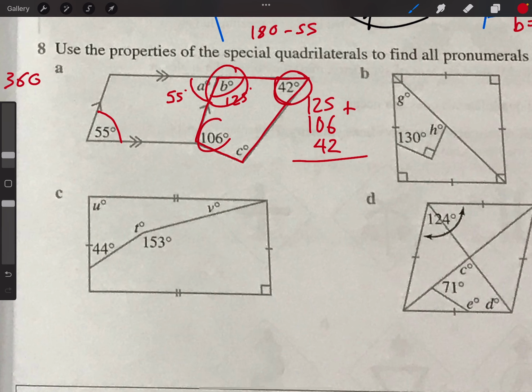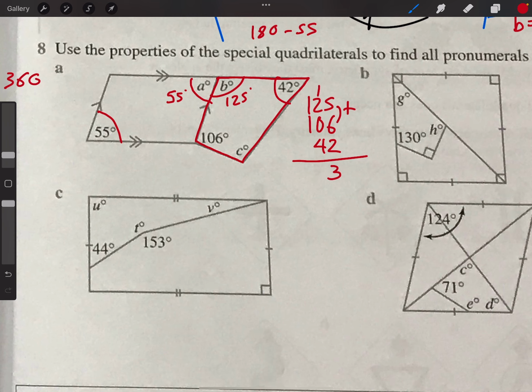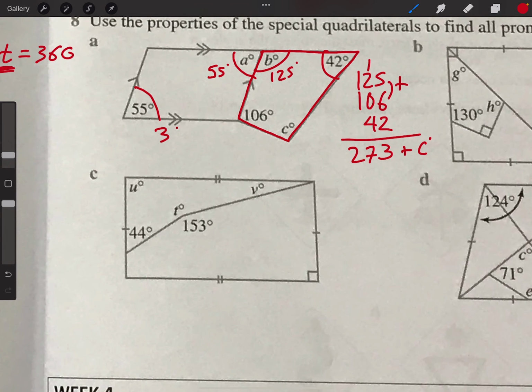So this will be 11, 11 plus 2 is 13, 3 plus 4 is 7. This will be 273. Now 273 plus this angle C is 360, so we need to find angle C. So just do 360 minus 273. This will be a 7, this will be an 8. 16 minus 8 is an 8, and that'll be 87. So C, 87 degrees. Done.